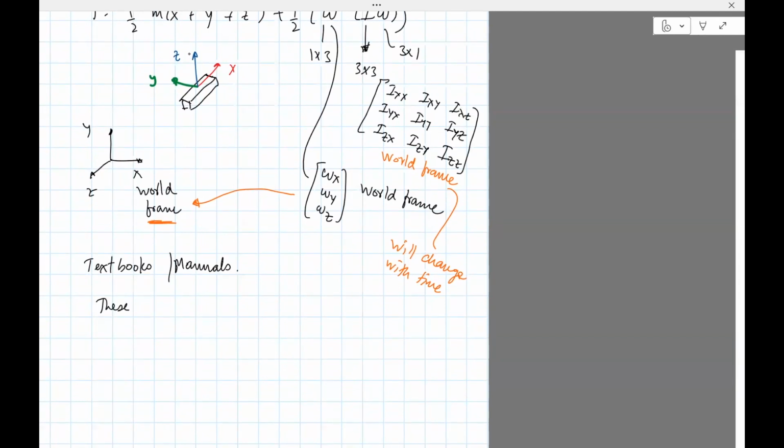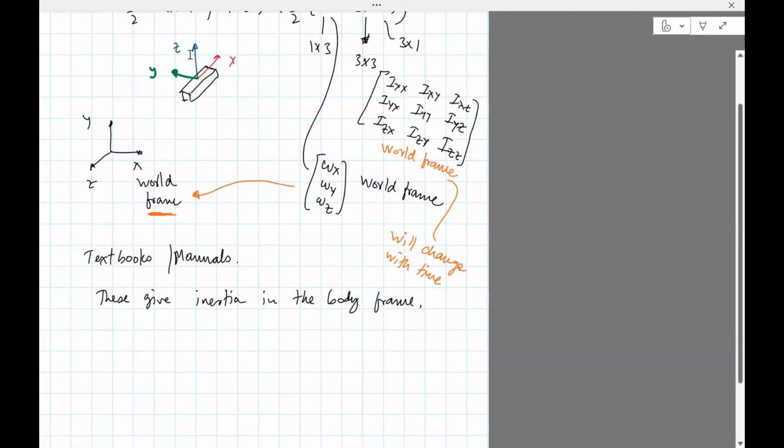So this gives the inertia in the body frame. In fact, for an object like this, you will see that the inertia could be as simple as Ibx 0 0, 0 Iby 0, 0 0 Ibz. So it's a nice diagonal form.